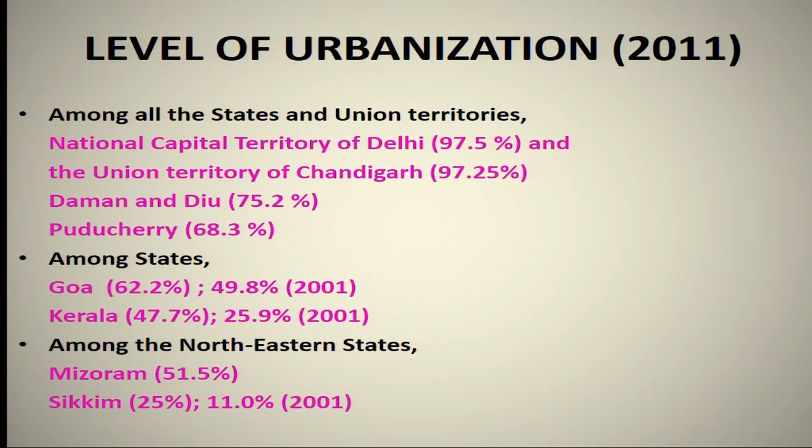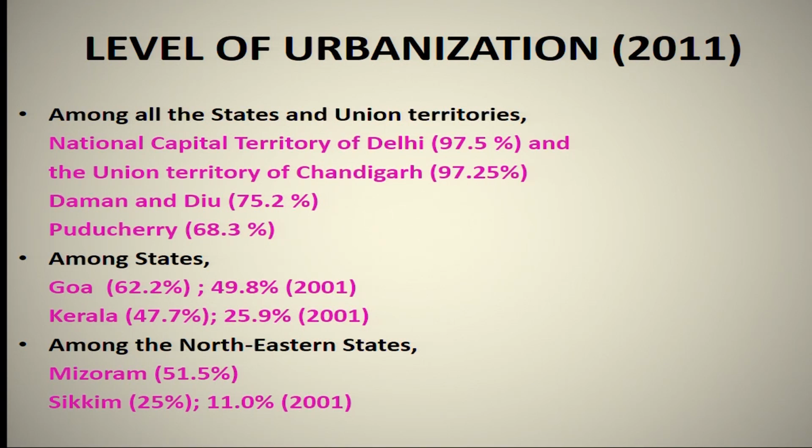Level of urbanization according to the 2011 census: among all the states and union territories, the National Capital Territory of Delhi has about 97.5% and the Union Territory of Chandigarh 97.25%. Daman and Diu is 75.2%, Puducherry 68.3%. Among the states, Goa leads with 62.2%, and 49.8% according to the 2001 census.